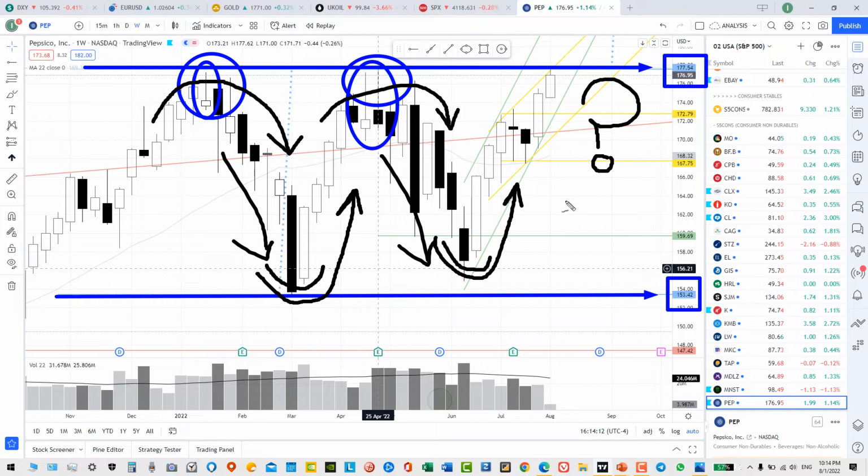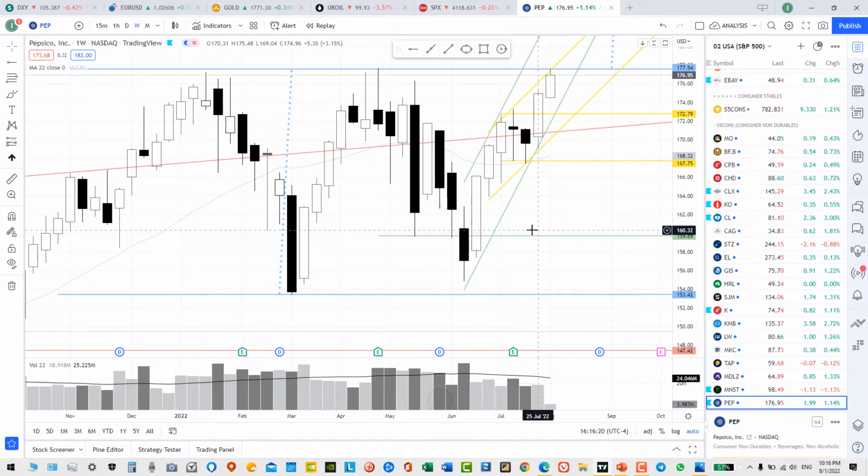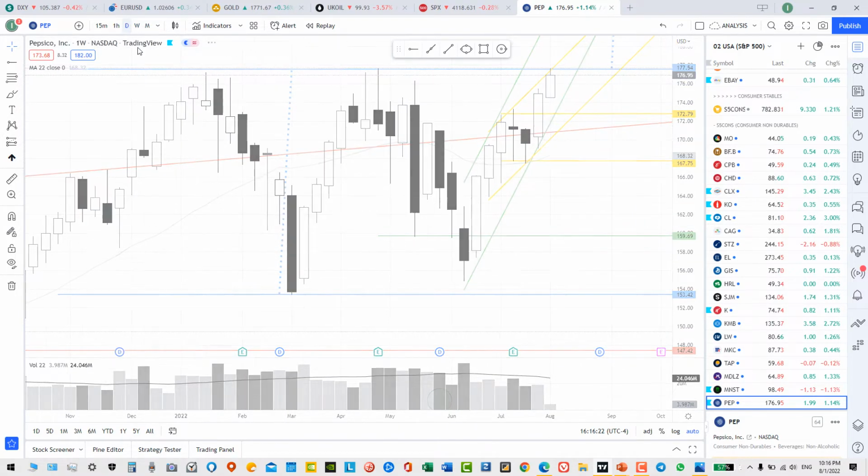Keep in mind that the stock now is positive over the long term as well as the short term, as long as it is above $172 area. Pepsi is positive and bullish over almost all time frames, and this will be much more clearer on the short term details on the daily chart.